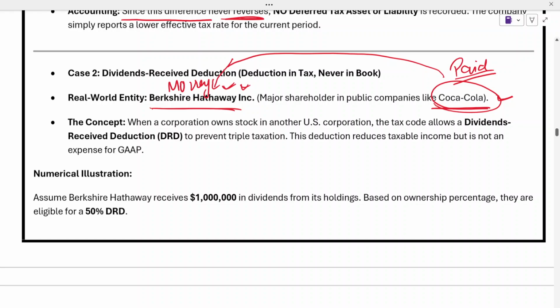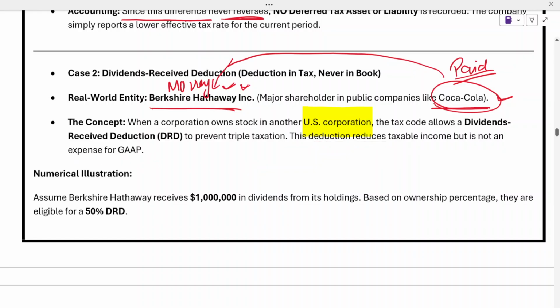So to avoid that double taxation, US corporations are encouraged, and there won't be any tax when a dividend is received, through the dividends received deduction. There are explanatory rules for that we will cover later. But yeah, this deduction reduces taxable income but is not an expense for GAAP.